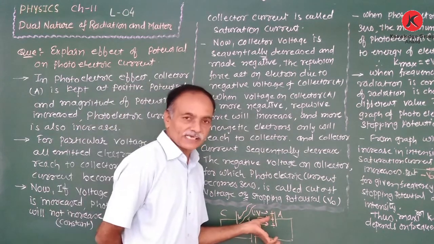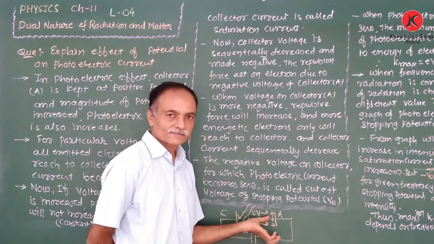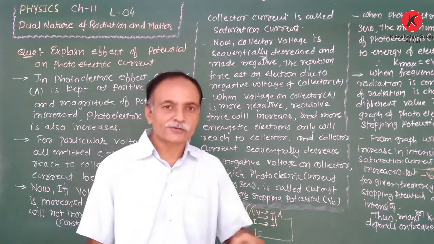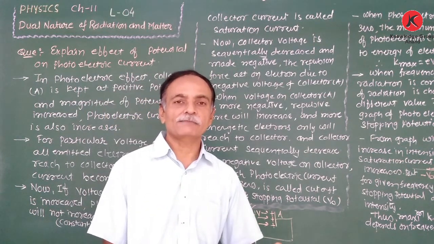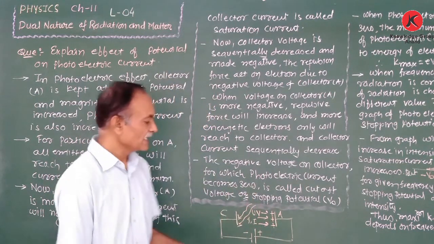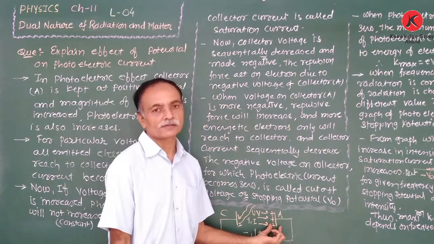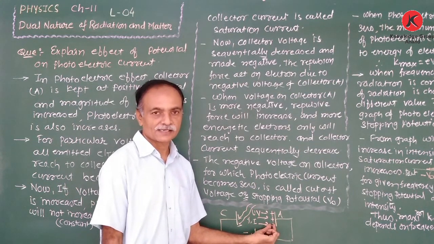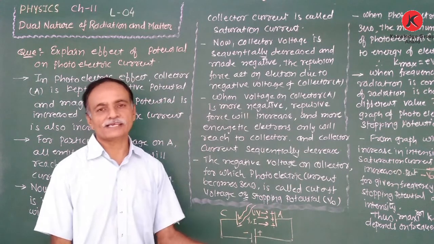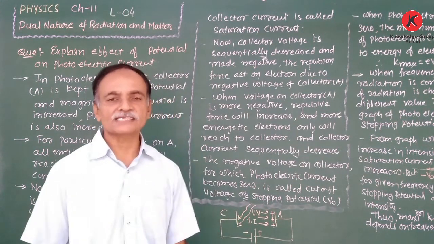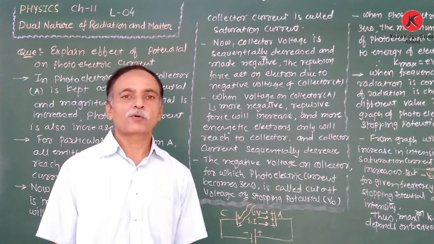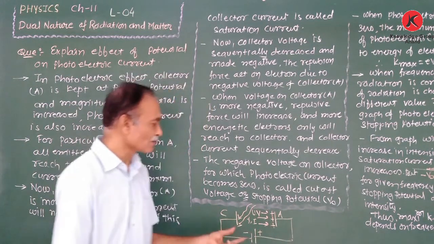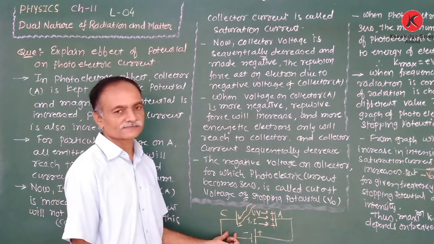At a particular voltage, the photoelectric current becomes maximum because all the emitted electrons are collected by the anode. After this voltage, no electron is remaining, so the increase in photocurrent becomes zero. This voltage is known as the saturation voltage.